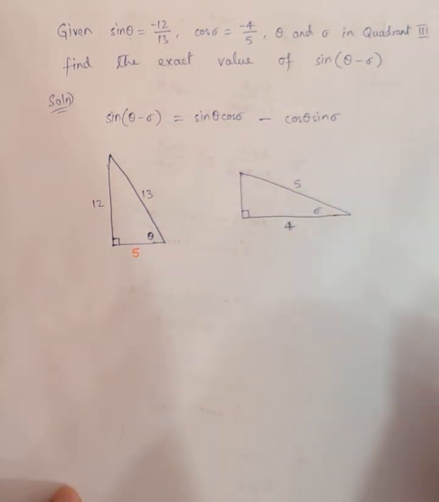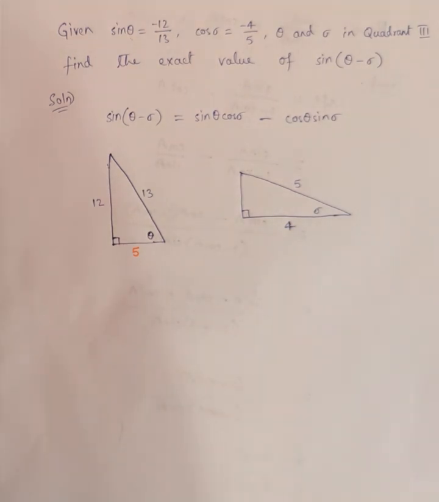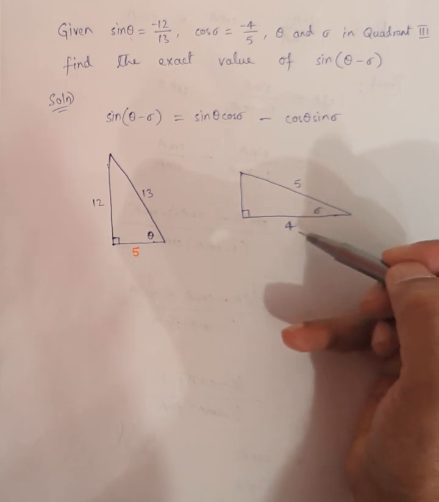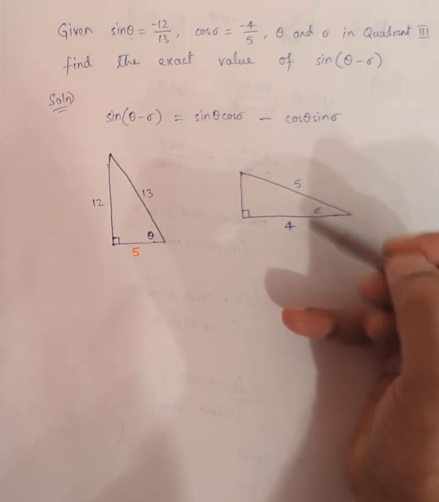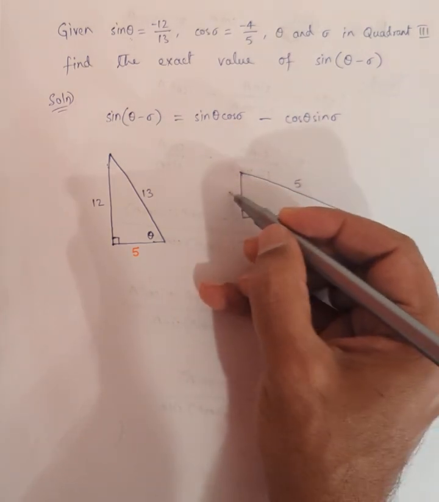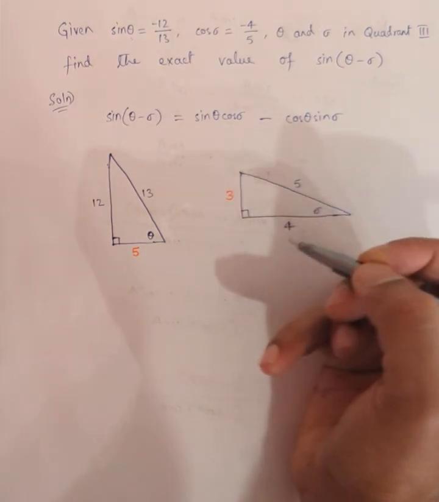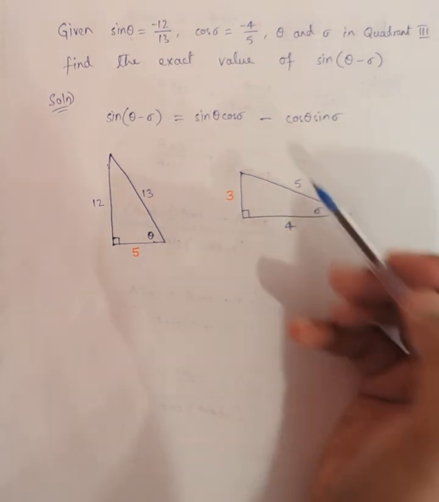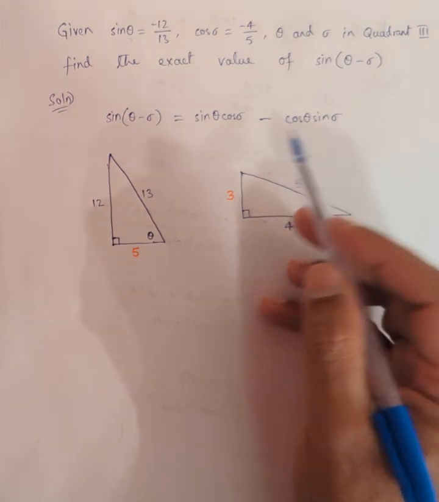To get the other leg, we have to use the Pythagorean theorem again. So square 5 to get 25, square 4 to get 16, 25 minus 16 is 9, the square root of 9 is 3. So from these two triangles, we can get the magnitudes of cosine theta and sine sigma.